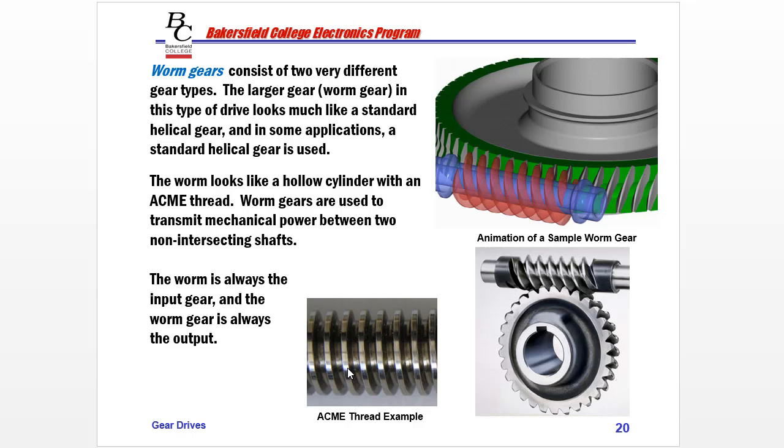This is an Acme thread example where they're flat on the edges. So worm gears are used to transmit power between non-intersecting shafts, similar to the bevel gears. The worm is always the input and the gear is always the output.